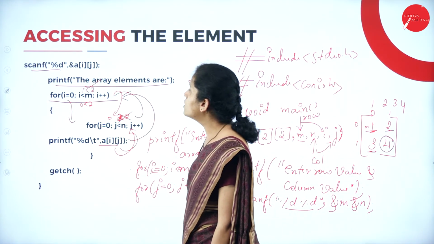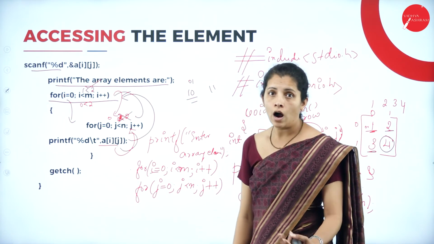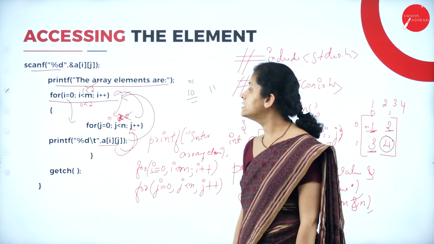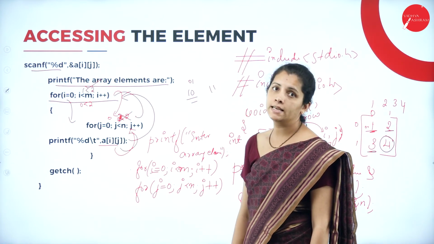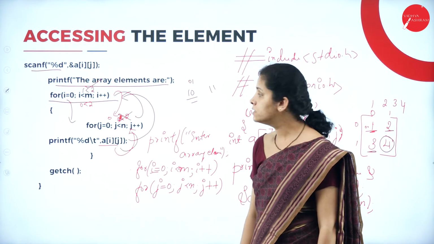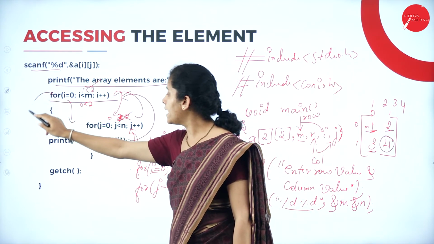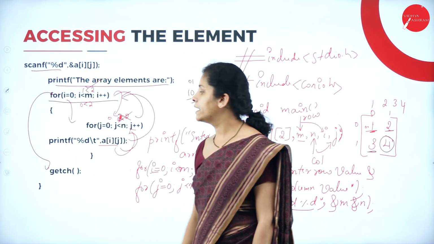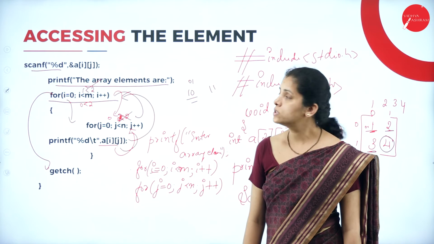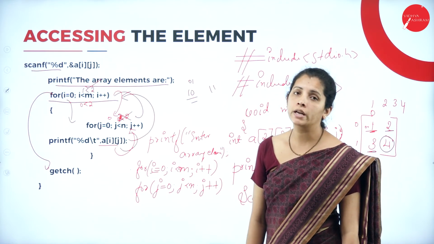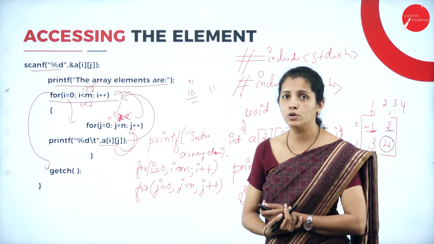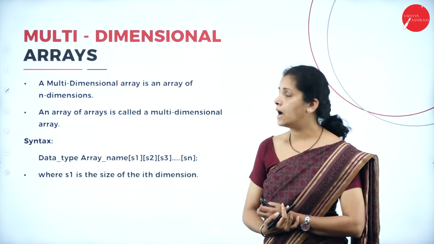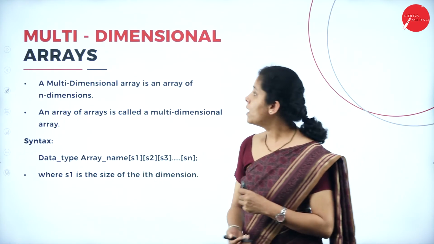So the control comes to the outer for loop. Now i is incremented by 1. Now i is 2. 2 less than 2. The condition is failed. So the control directly transfers to the getch. So this is the way I can read two-dimensional array elements as well as display them.